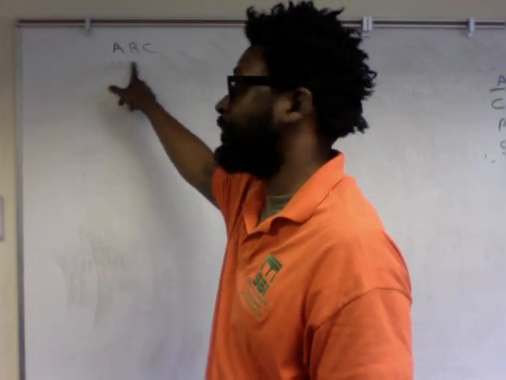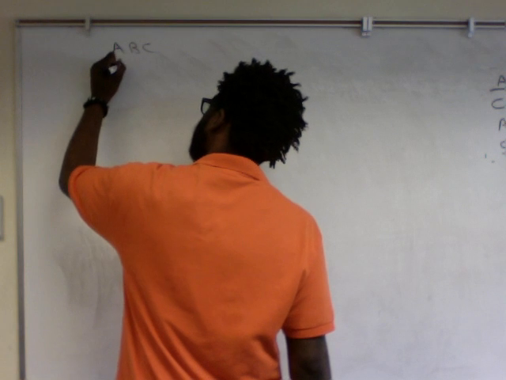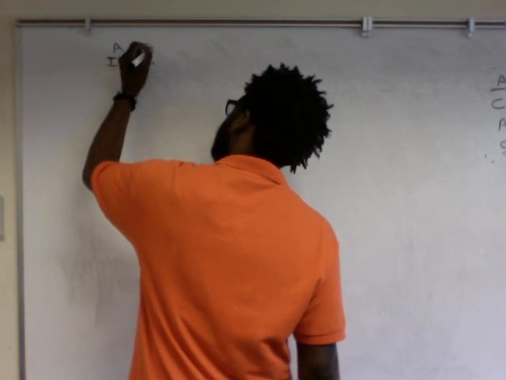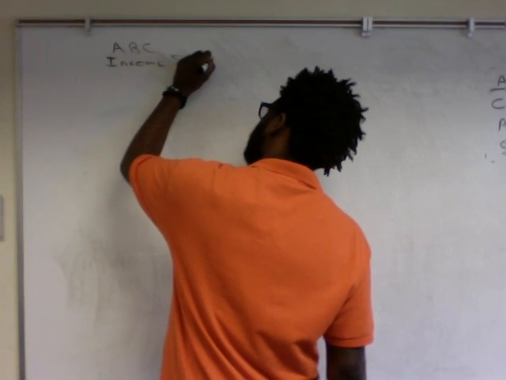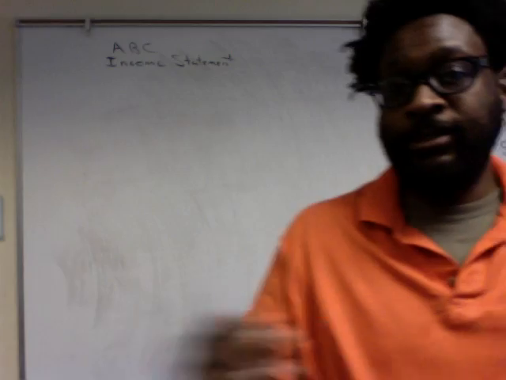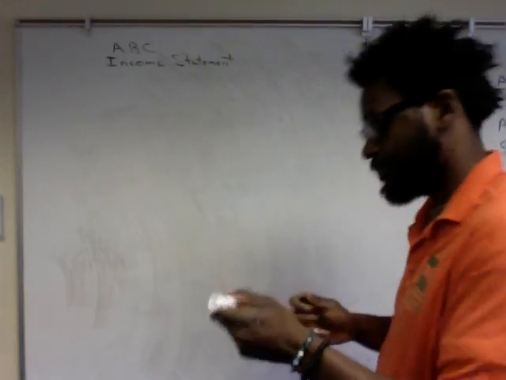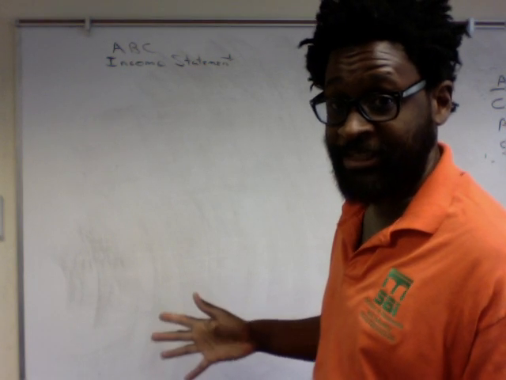So, we start off with the proper heading. So you always do the company name. You do the type of report, which is an income statement. And the period. Income statement represents a period of time.